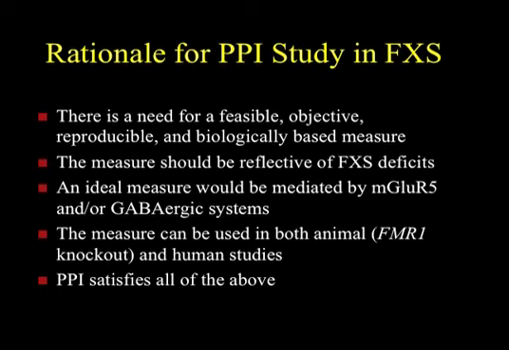We were looking for measures that would also be reflective of Fragile X deficits, that could be used in both animal studies and in human studies. And then, as I'll be talking more about in a couple of minutes, measures that would be mediated by the metabotropic glutamate receptor system. That's a system that's been very strongly implicated in the pathogenesis of Fragile X. So it just so happens that PPI really satisfies all of these.